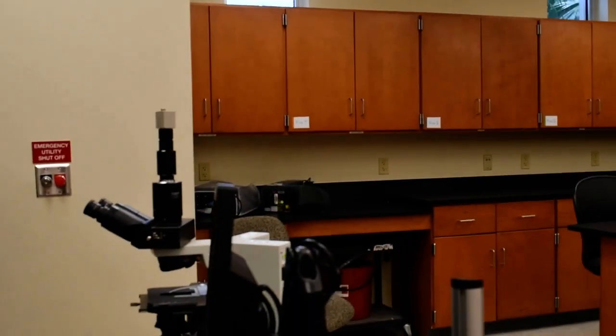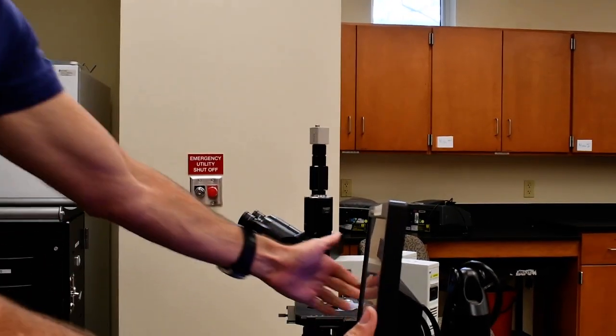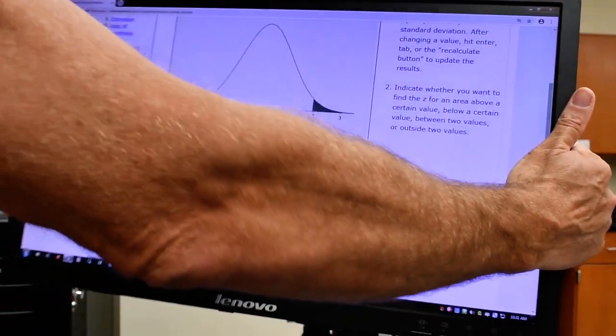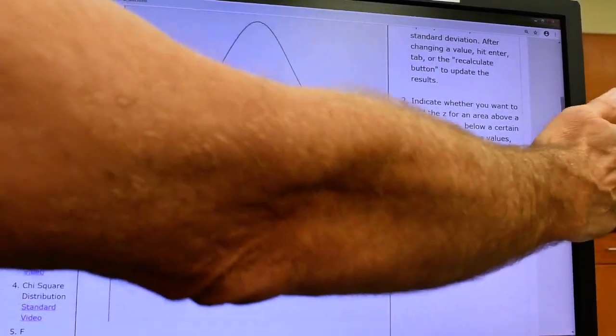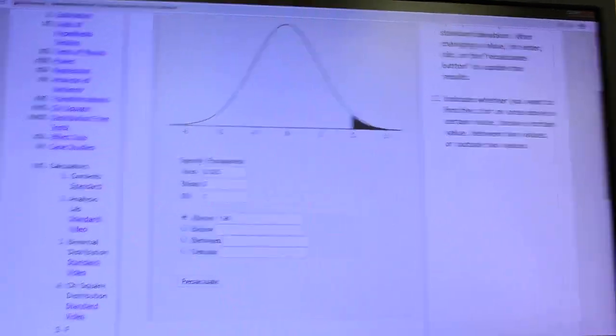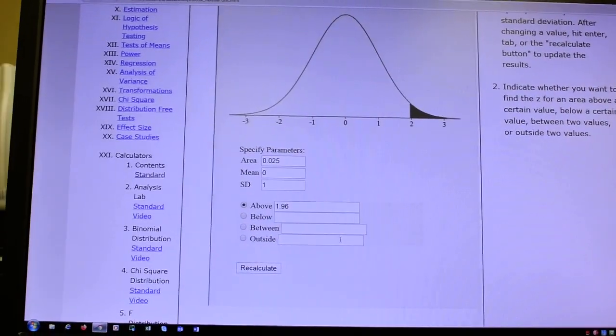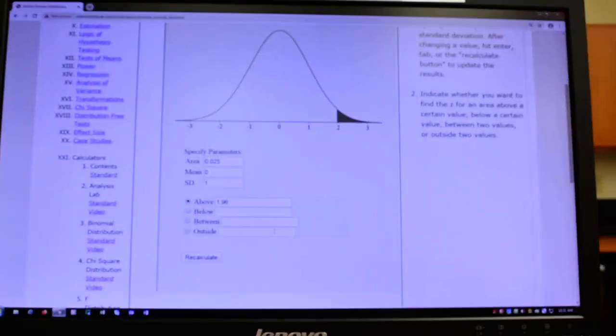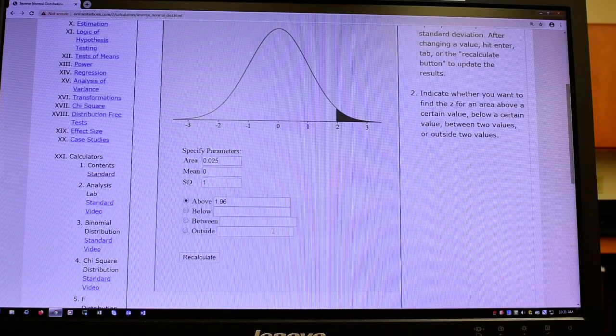Okay, let's see if I can get this screen to work, because I think it's going to be a little more visible. Notice we had some focusing issues last time. All right, here we go. Hopefully everybody can see that.